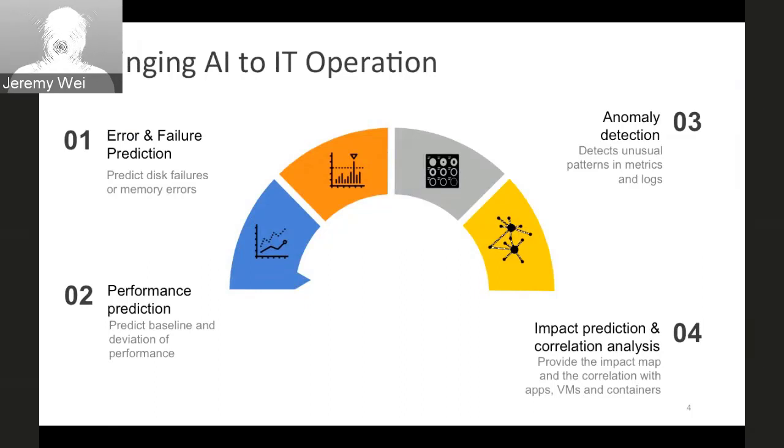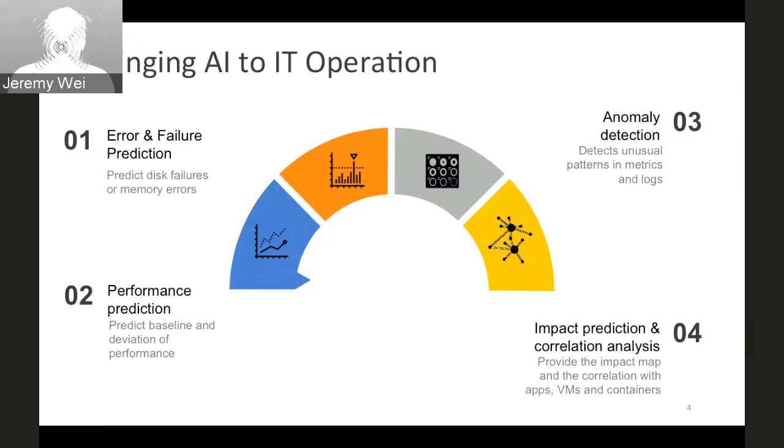Prophetstor not only provides insights, but also foresight. On the slide, you can see the 4 versatile features we provide to users. First of all, we can predict errors and failures with high accuracy. The average accuracy is over 95%. We also predict the future demands for compute resources for each application, as well as the performance degradation caused by any future demands.